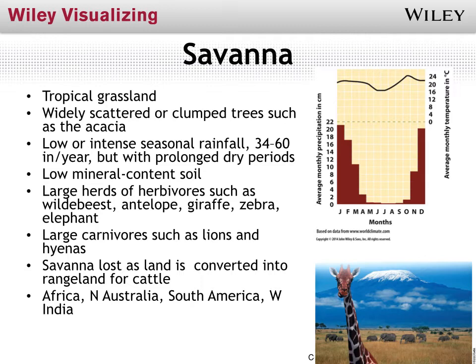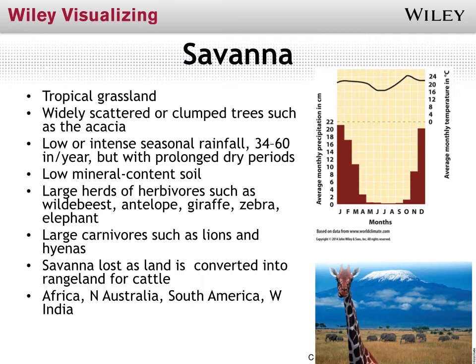Again, low mineral content in the soil, but again, there's enough vegetation, grass-type vegetation, to support herds of large herbivores, plant eaters, like antelopes, giraffes, zebra, elephants, wildebeest. And then also because there's a relatively large amount of these herbivores, then that can certainly support carnivores like lions or cheetahs or hyenas.